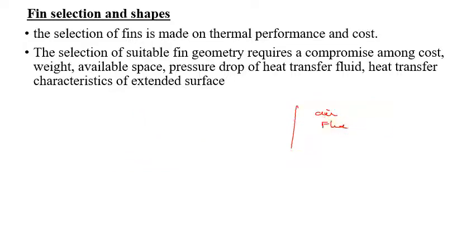Otherwise, from the initial point of view, if fouling is not there, it may be more effective to have this type of heat exchanger. And one more factor is the heat transfer characteristics, which means what velocity you are preferring over there.